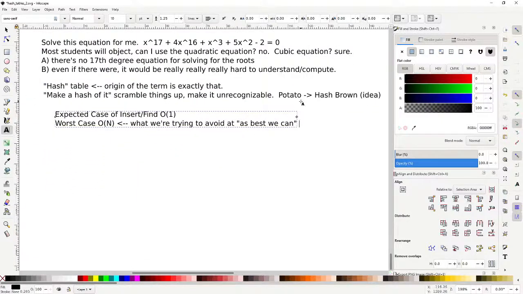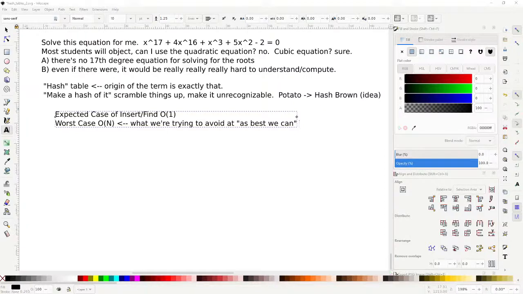It is definitely possible that we end up in an O of n case through either hash attacks or just bad insertion of values or picking values that all have the same hashed key, all that stuff. It's totally possible, but, you know.